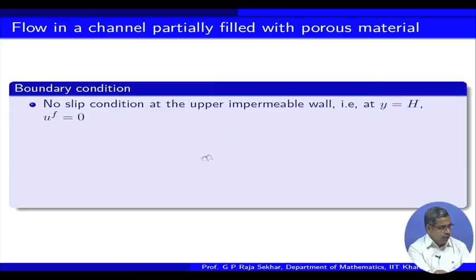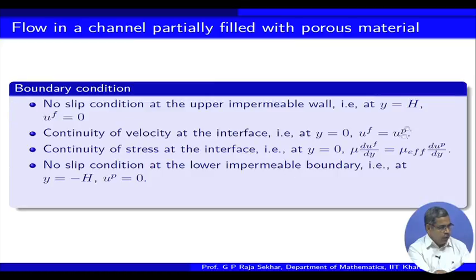And then we have 4 boundary conditions: 1 above, 1 below, and 2 at the interface. So, the problem is pretty much well posed, and then one can attempt the solution.